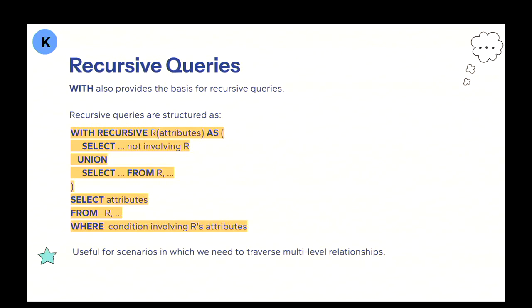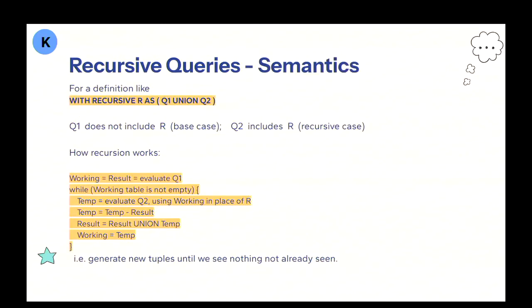So the semantic of recursive query here is, let's assume we have a definition like this. We have with recursive R as Q1 union Q2. And Q1 is the base case or the initial state, and Q2 is the recursive case, or it is used for updating the states.